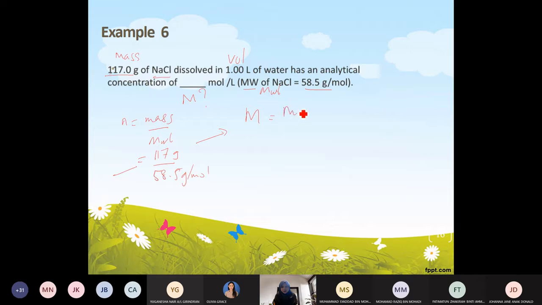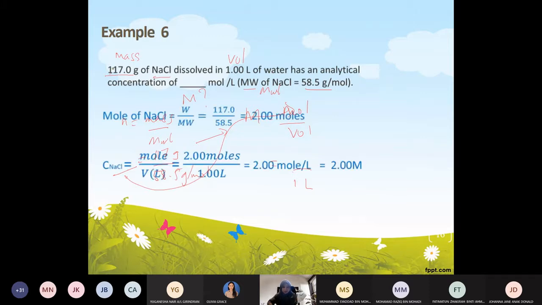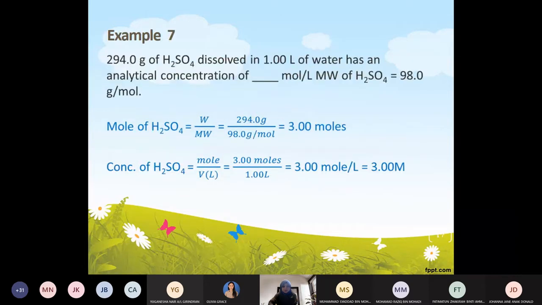Mole over volume. So volume here 1 liter. This one, substitute here. We should able to solve for molarity. So let us see what is the answer. Okay. 2 molar. Ni dah bagi jawapan dah.